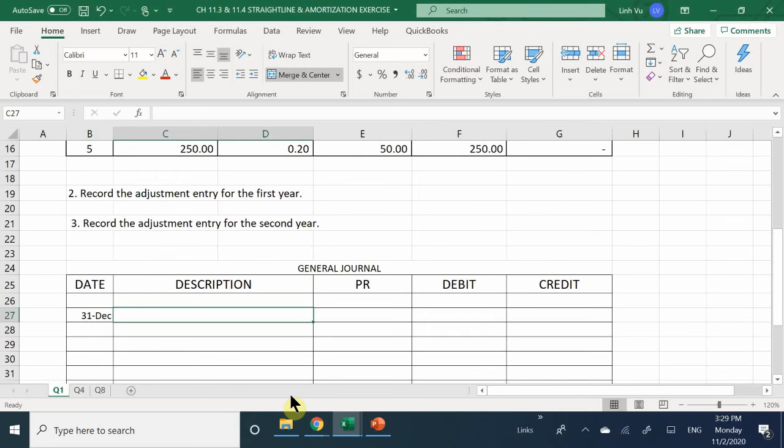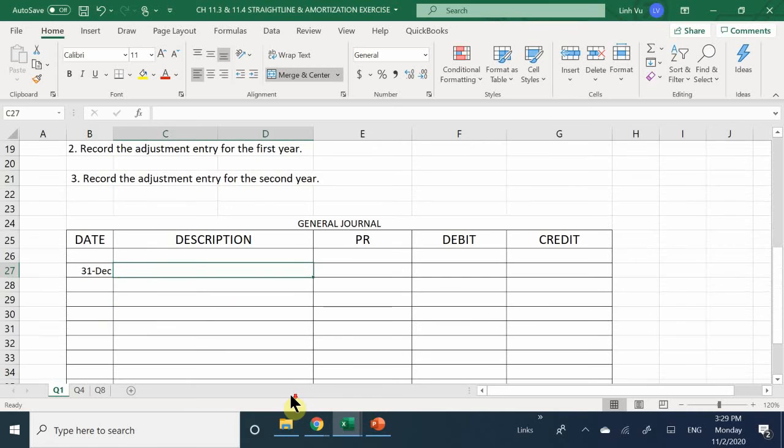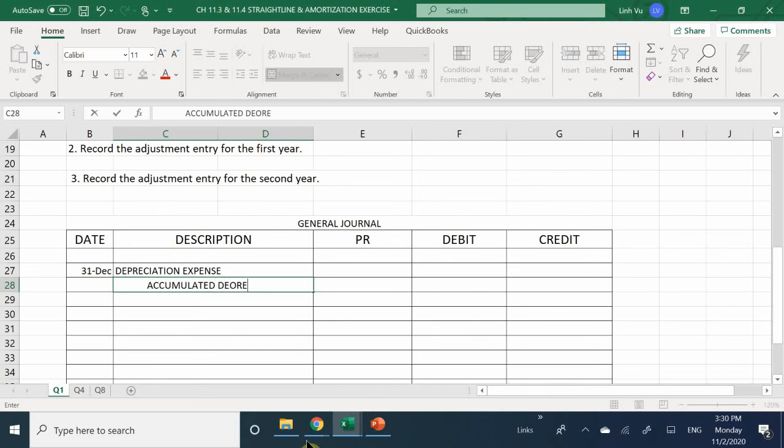Now we're doing straight line, so it is the depreciation expense, and then the accumulated depreciation. And the amount is $50.